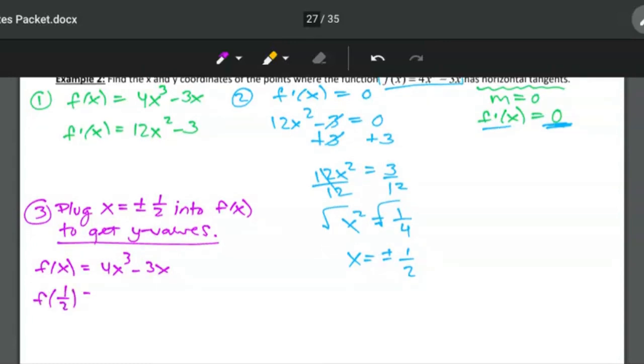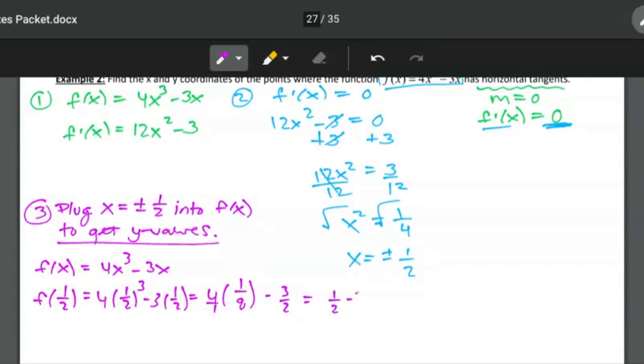If we plug in positive 1/2, 4 times 1/2 to the third minus 3 times 1/2. That's 4 times 1/8. Sorry about that, I should have plugged in a 1/2 there too. So minus 3/2. We get 4/8, or 1/2, minus 3/2, which is negative 2 over 2, or negative 1.